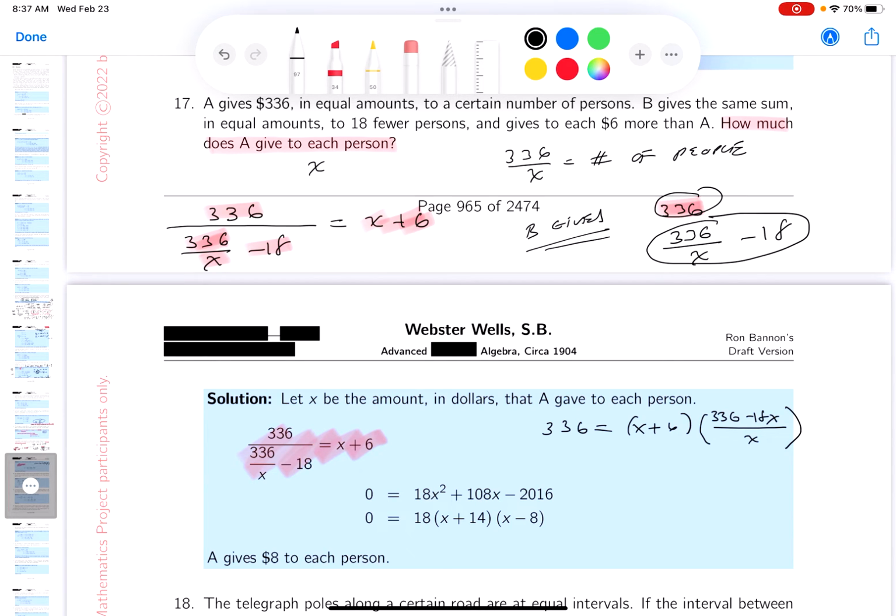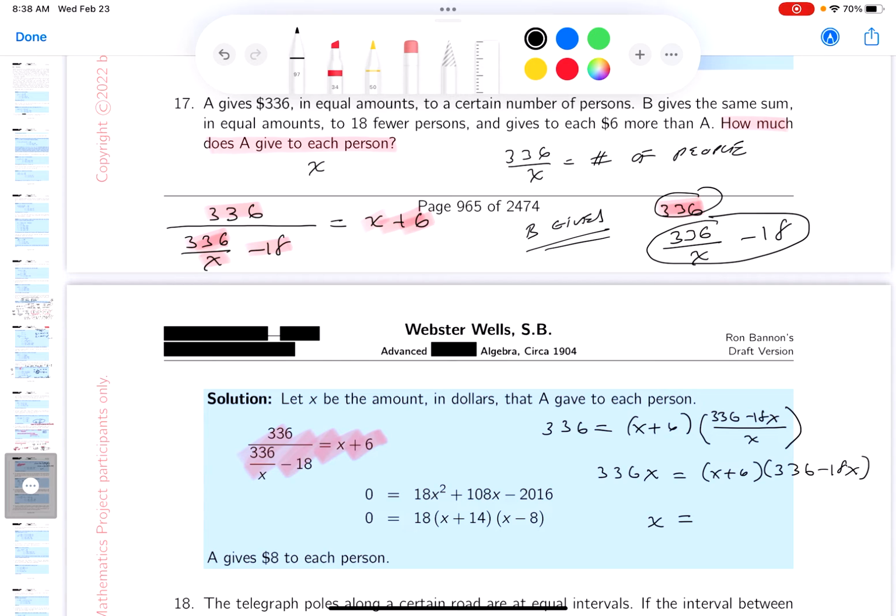Multiply both sides by X. You get 336 equals X plus 6 times 336 minus 18X. I'm going to divide both sides by 6. You may wonder why I'm doing that, because it's easier for me to do that.